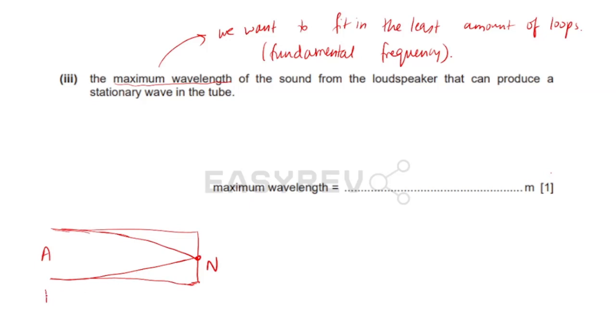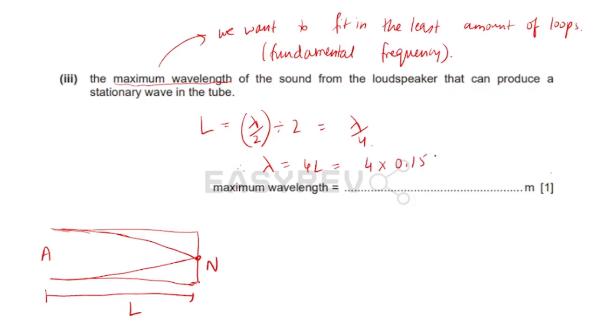So now what you've established is that the length L of the tube, which we already know, is equal to lambda over 2, which is for one loop, divided by half, which is lambda over 4. Therefore, that maximum wavelength is 4 times the length L, which would be 4 times 0.15. And let's see, what do we get? We'll get exactly 0.6 meters. So that's your maximum wavelength that you could possibly fit inside the tube, right?